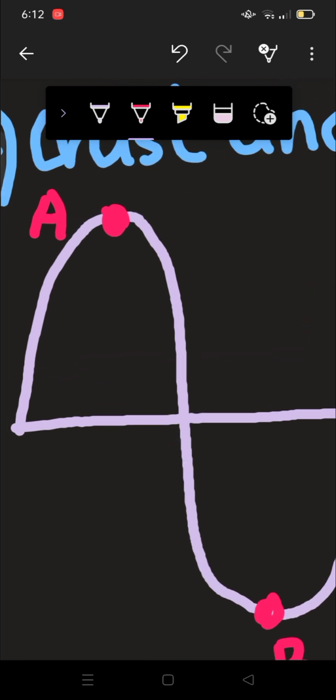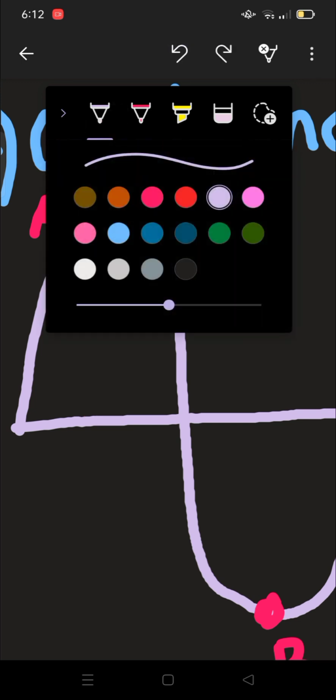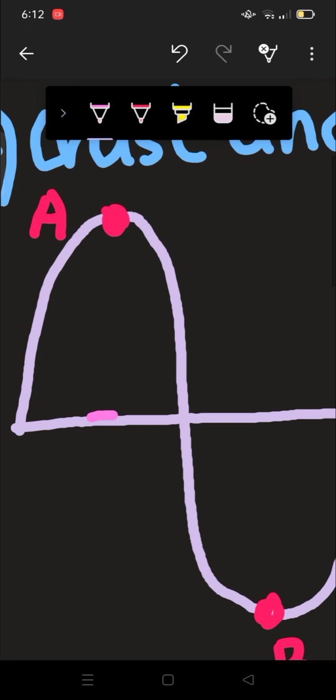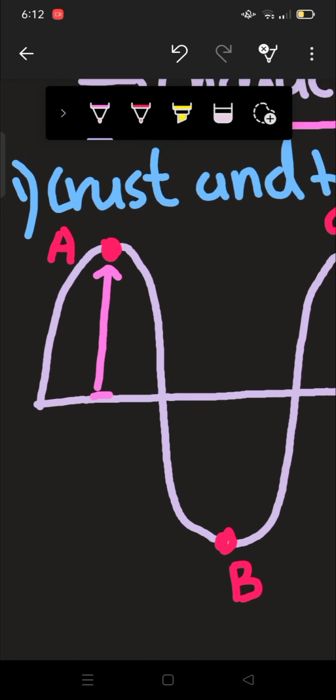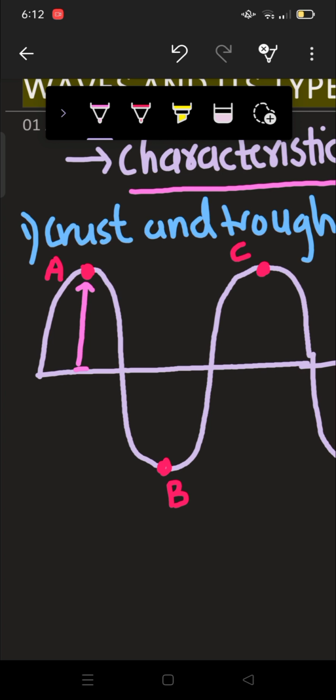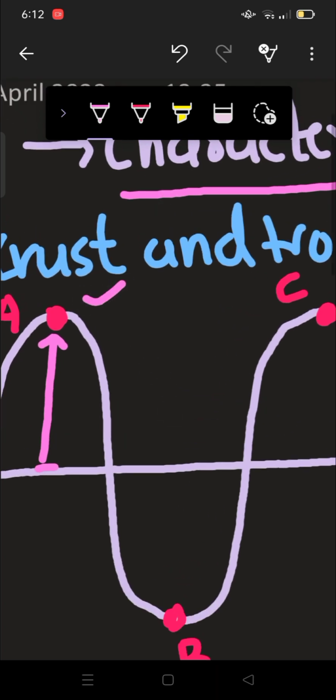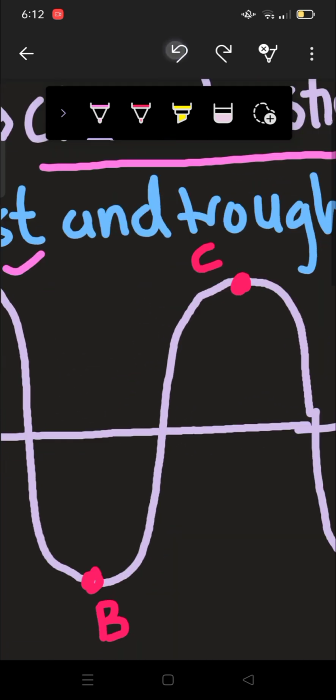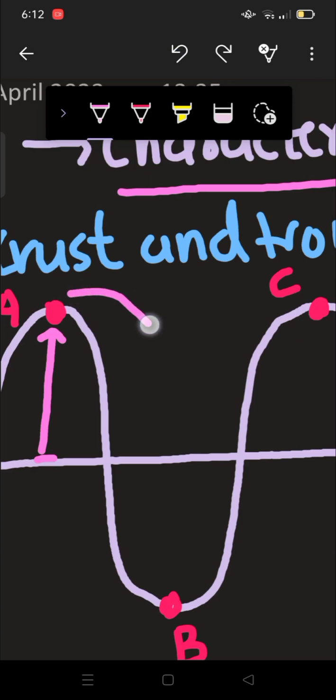As you can see, this is its undisturbed position, so it is covering the upward displacement like this, or you can also say maximum displacement, and that is positive. So this point is a crest, as well as this is a crest.